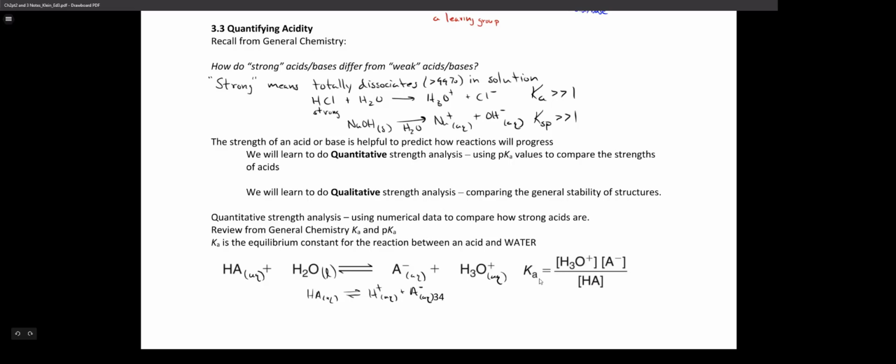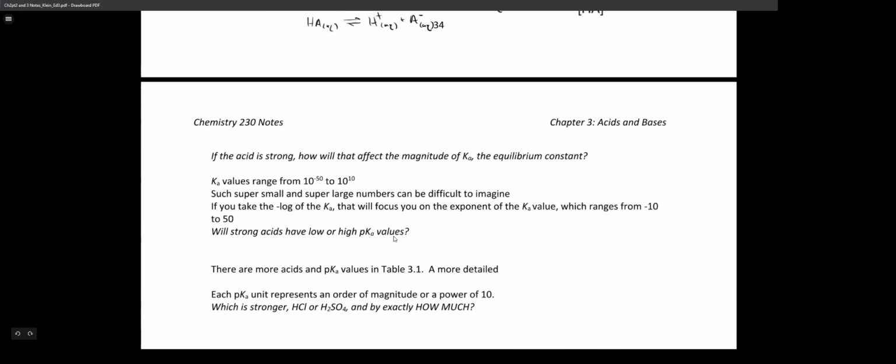So in organic chemistry, instead of dealing with Kas, we deal almost exclusively with pKas. Ka values can range from 10 to the negative 50 to 10 to the 10. If an acid is strong, what does that mean? The stronger the acid, the larger the value of Ka.